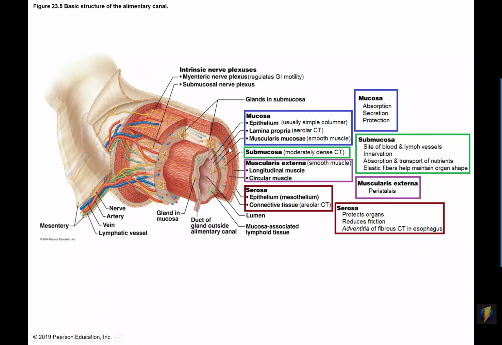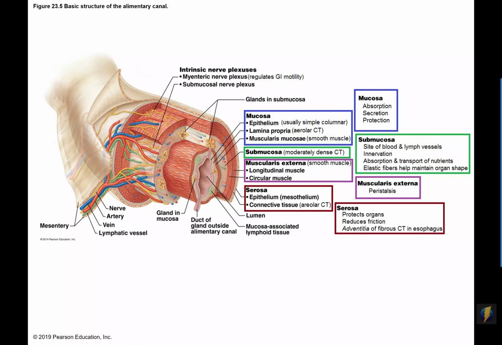The next layer is the muscularis externa, of which there are generally 2 layers of smooth muscle. A circular layer that goes around the whole organ, and then a longitudinal layer that runs the length of the organ.